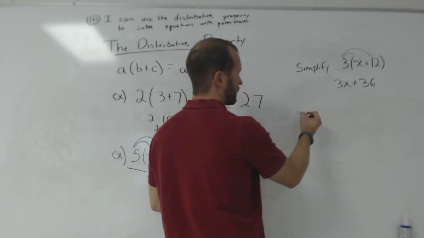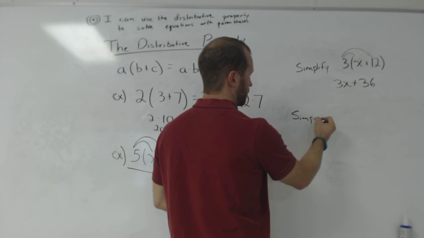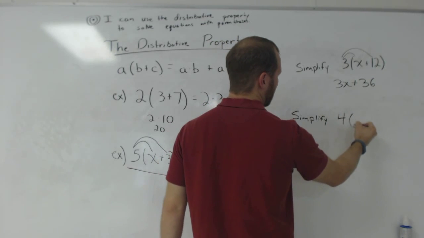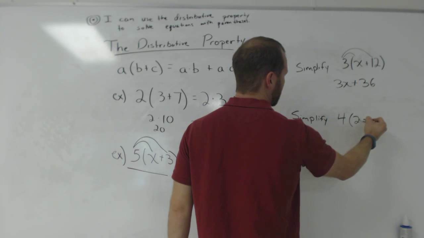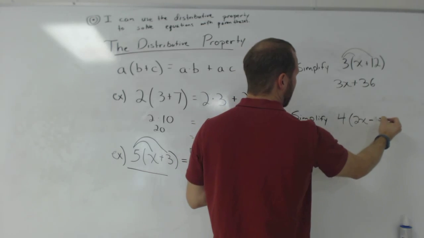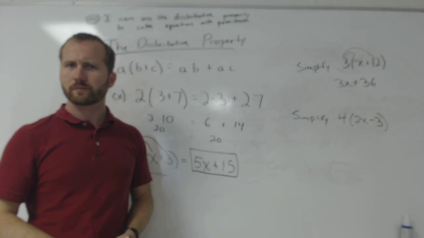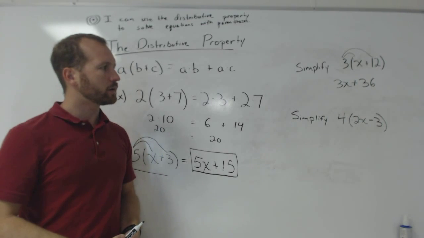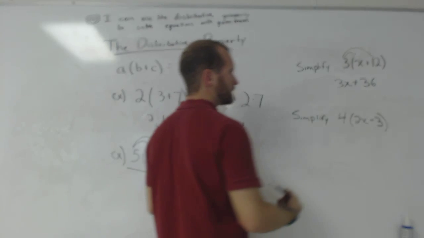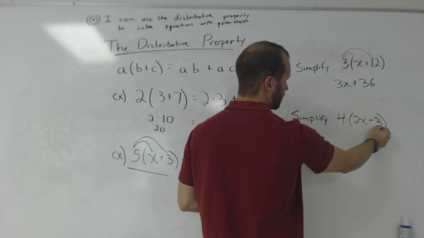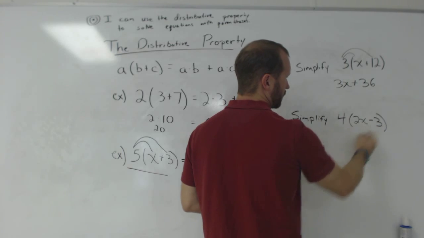What if we had something like this? Simplify 4 times (2x minus 3). Looks a little bit different. We still have one term here and one term here.